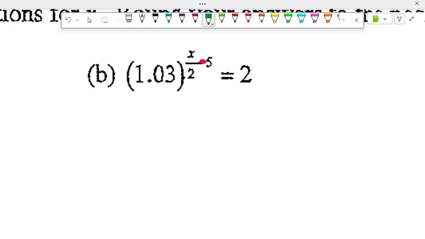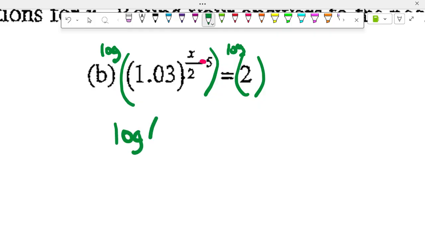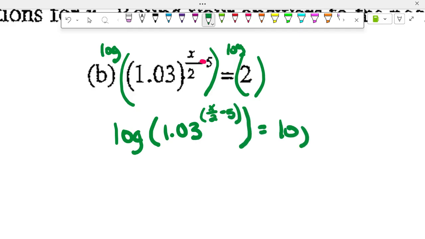So what I'm going to have to do is take the log of both sides. So this will be log of 1.03 all raised to, and I'm going to put this in parentheses, x over 2 minus 5, and it's equal to the log of 2. Now, what will be my next step here?